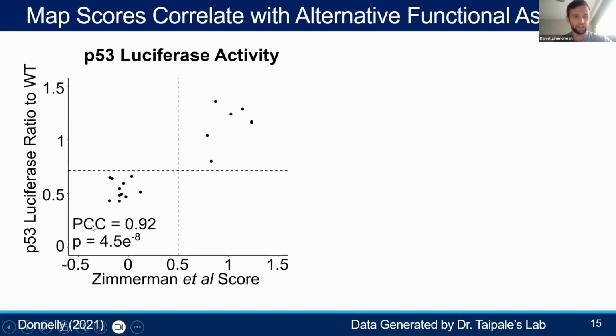And so this is a highly correlated data set, 0.92, that is significant. And while it is a lower throughput, while it is a lower number of total variants, it is nice to see that we do recapitulate completely independent experiments that have independent readouts from the one we are performing here.